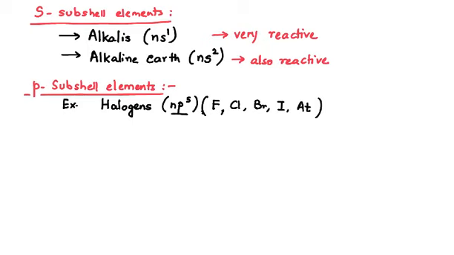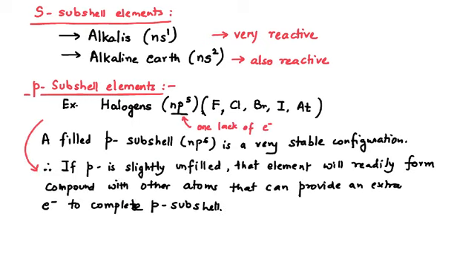Just remember that a filled p subshell is a very stable configuration. If the p subshell is slightly unfilled, that element will readily form compounds with other atoms that can provide an extra electron to complete the p subshell.